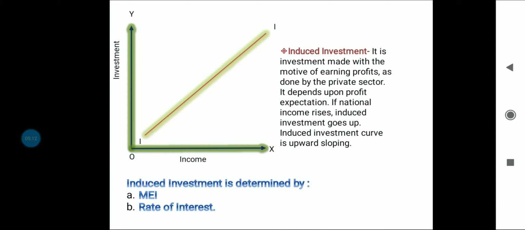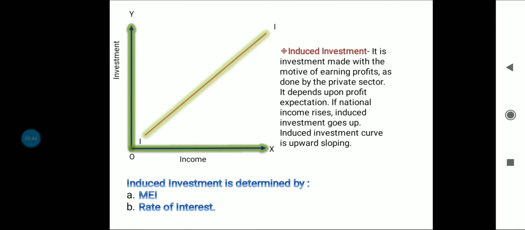And the rate of interest, of course, also has a close relation with the level of investment. That is why the induced investment curve has an upward slope, like the supply curve.